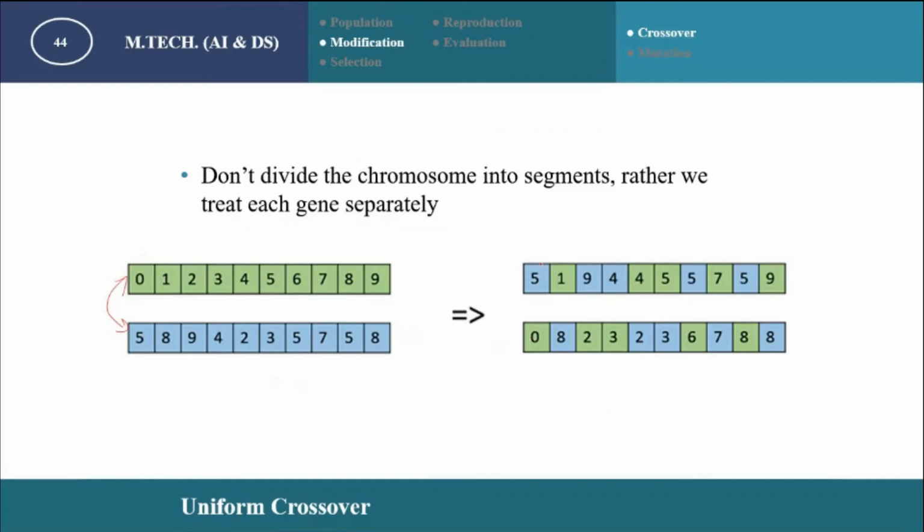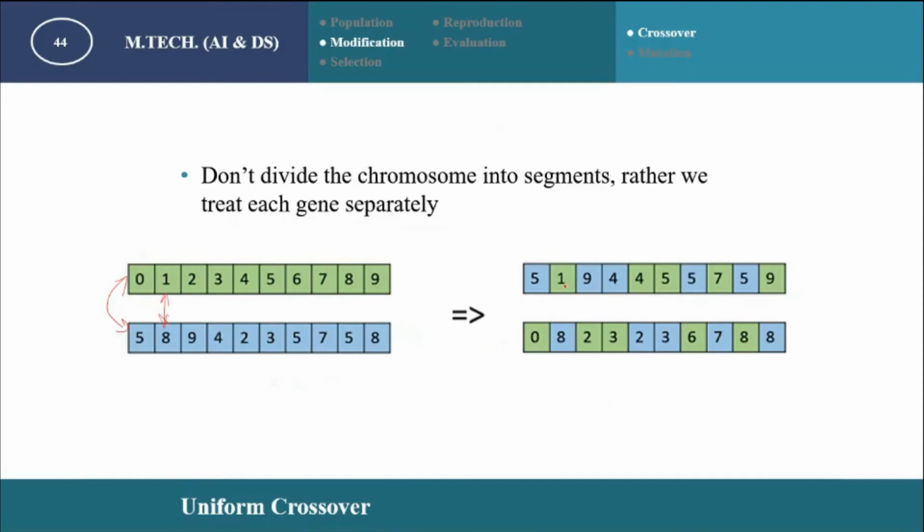offspring. So in the first offspring, we are selecting randomly one of the genes, and into the second chromosome, we are inserting the other one. So in the 0 or 5, 5 goes here and 0 goes here. In the second position, that is the second gene, it is 1 and 8.